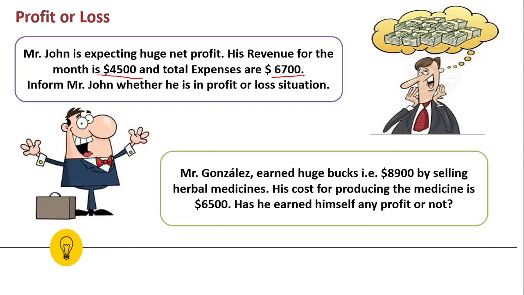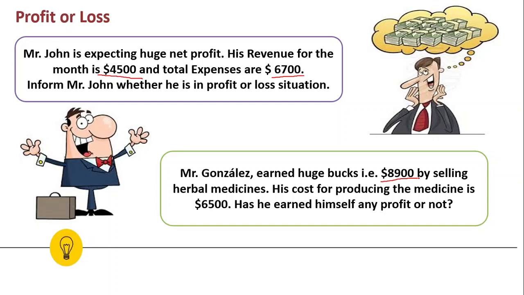So in the second example, Mr. Gonzalez earned huge bucks and his earning or his revenue amounts up to $8,900. He sold herbal medicines and earned $8,900. His cost for producing this herbal medicine amounts up to 6,500. So cost means expenses and earning means revenue.